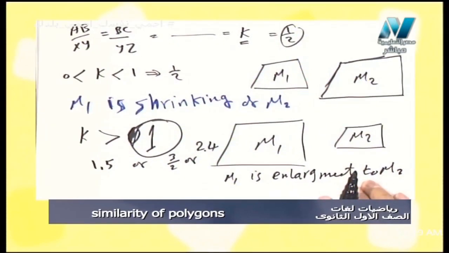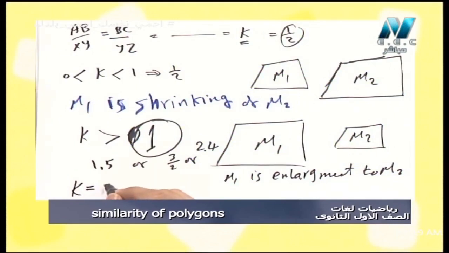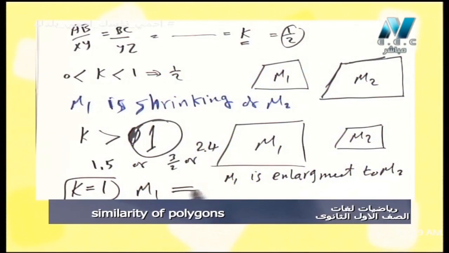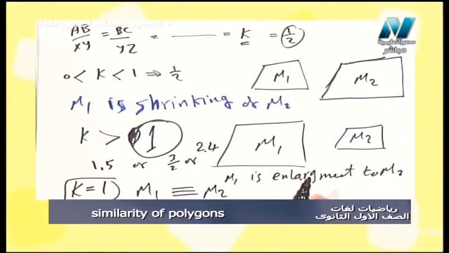Okay, and if K equals 1, then M1 is congruent to M2, as two congruent sides, or two congruent triangles, or two congruent polygons as squares.